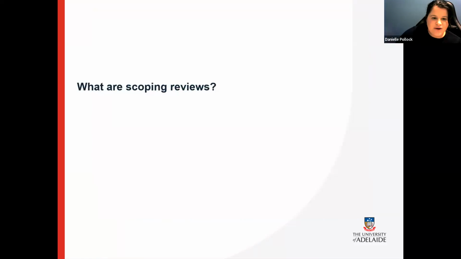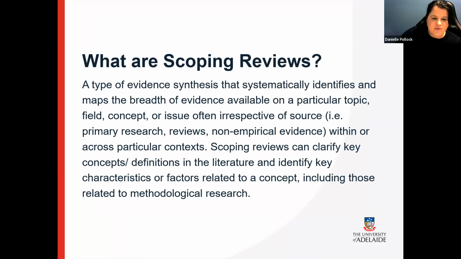So I suppose the question is, what are scoping reviews? For us, this is a definition that was made by the JBI Scoping Review Methodology group last year. What we believe it is, is a type of evidence synthesis that systematically identifies and maps the breadth of evidence available on a particular topic or issue, often irrespective of the source.